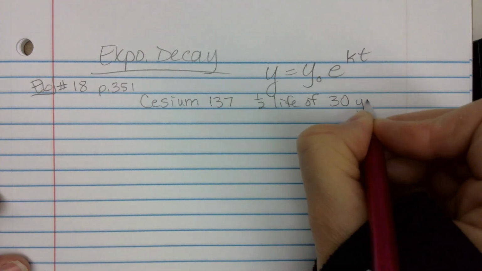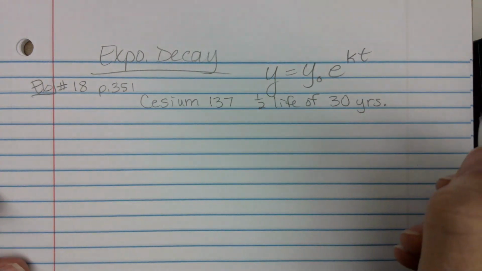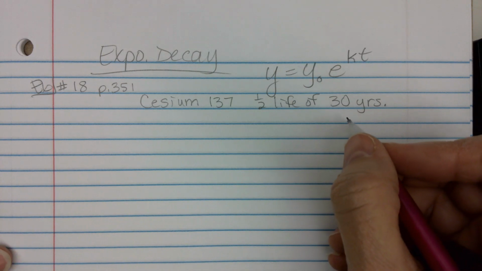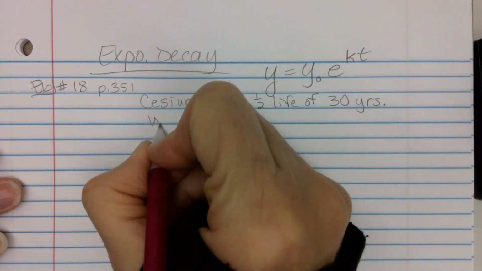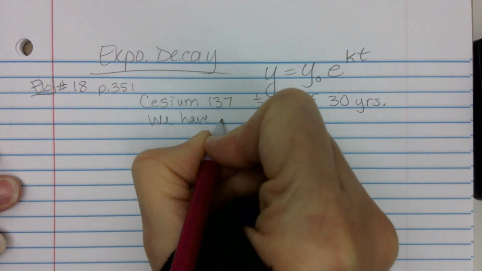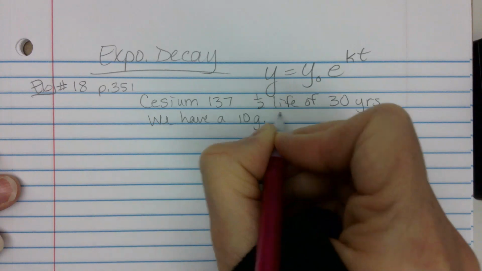That's very short. Yeah, it feels very short. Compared to like carbon-14, it's like 1,900 and something. I don't remember how many years. Uranium is... Eureka. So, and suppose we have a 10-gram sample.